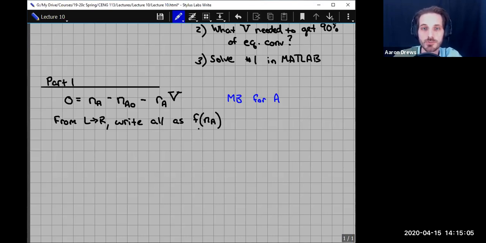We don't know what the conversion of A is, but we know that if we could figure out how much is coming out the other side, then we could probably figure out what the conversion is. So if we have to write each one of these terms as n sub A, we don't have to work very hard on this one, right? The very first term is n sub A. I don't have to rewrite that as a function of n sub A because it's already a function of n sub A. We'll say write as a function of n sub A or a constant.